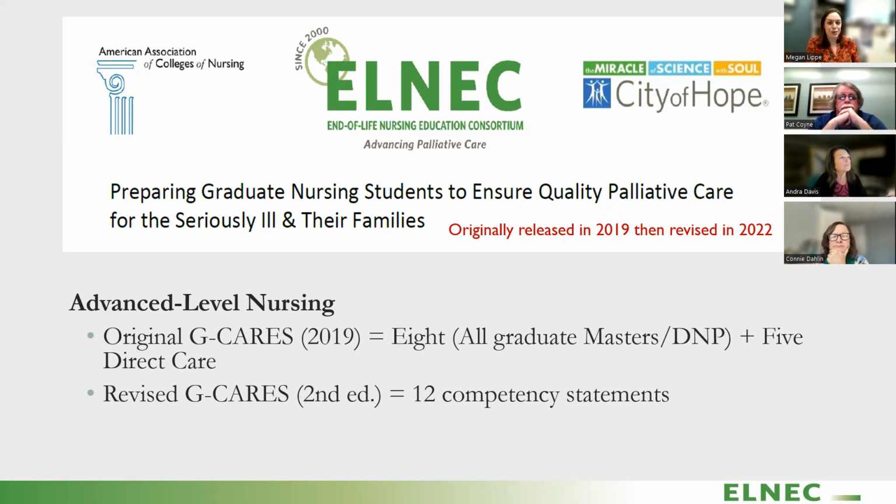With the new essentials, we no longer have that differentiation between masters and DNP and the different types of programs, since they brought all of those together for advanced level, so we mirrored that with our structuring of GCARES. So now there are 12 competency statements that are specifically written to capture what we would expect of competence in palliative care for advanced level students, with the caveat that schools of nursing can adapt to what that looks like for their specific graduate program.